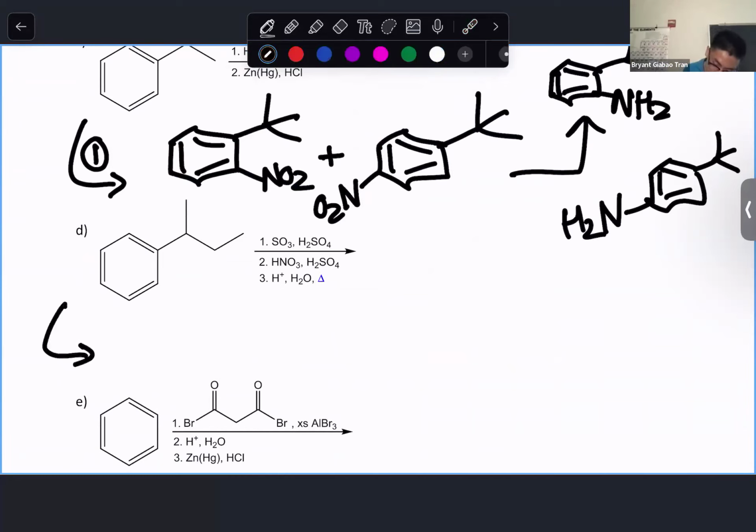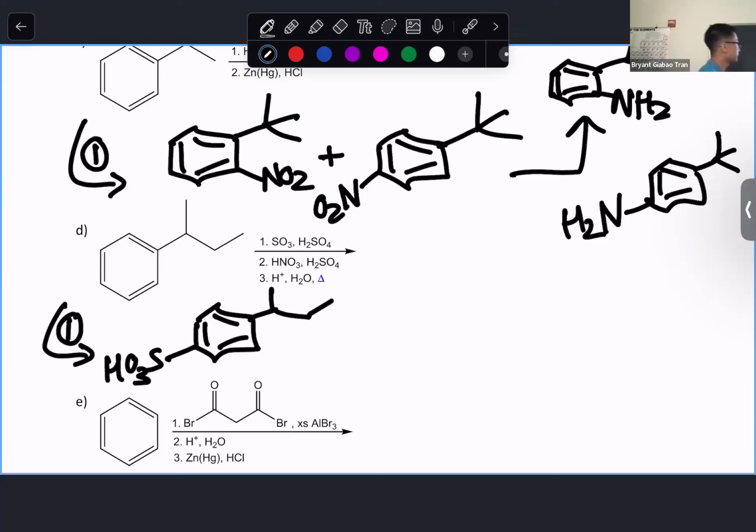So when we have an EDG there, that is going to block the para position like this. Right. We don't add it to the ortho position because this SO3H group is very big and bulky. Not good here. Too much steric hindrance.